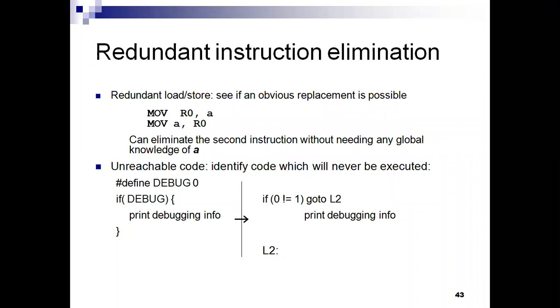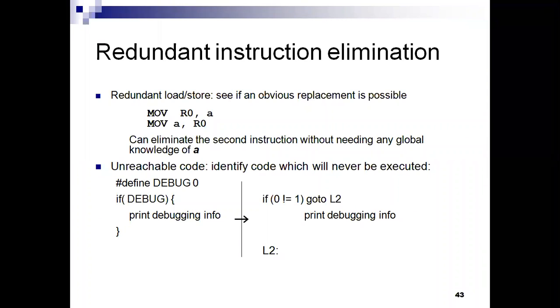The first one is redundant instruction elimination. Here, especially the redundant loads and stores can be eliminated. For example, we have move R0, a and move a, R0.